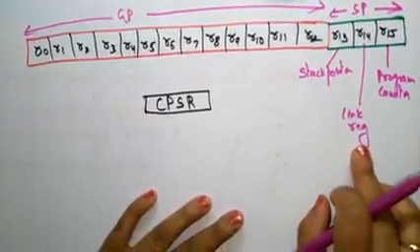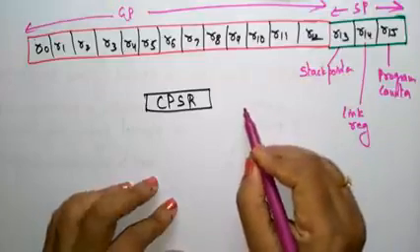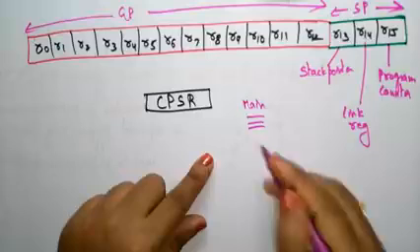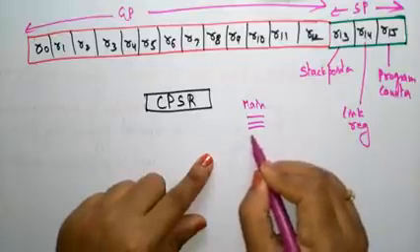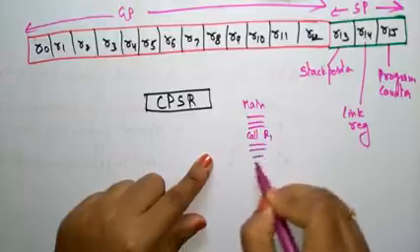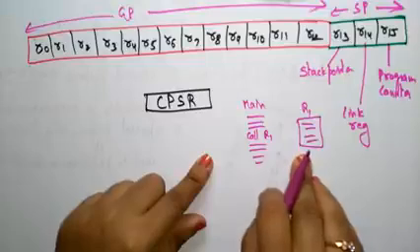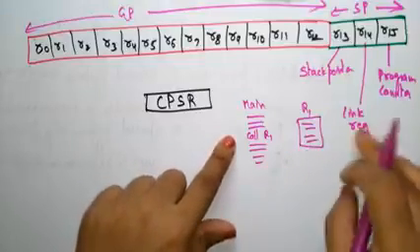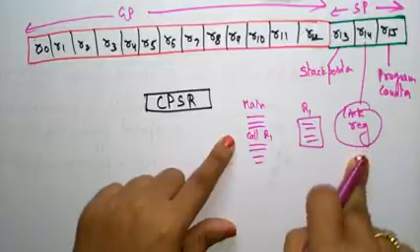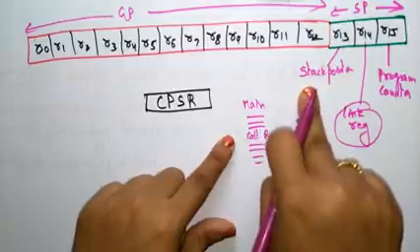Now coming to the link register. What is a link register? Suppose a program is there. This is the main program, and here a subroutine is called, say call R1. In the stack pointer, the address of the top of the stack is stored.